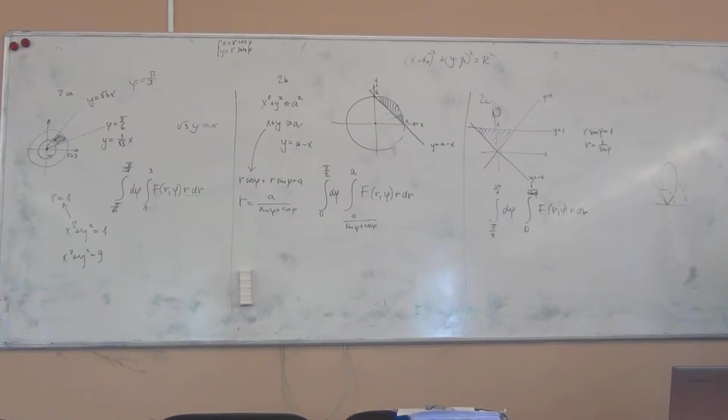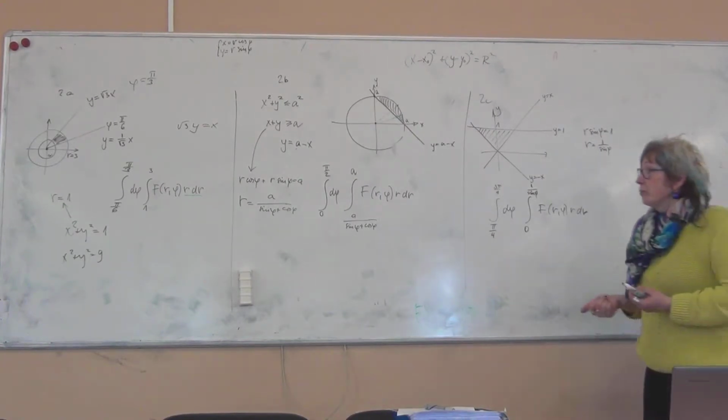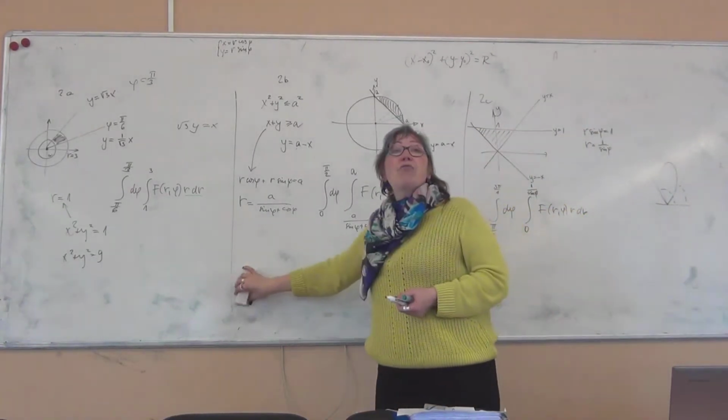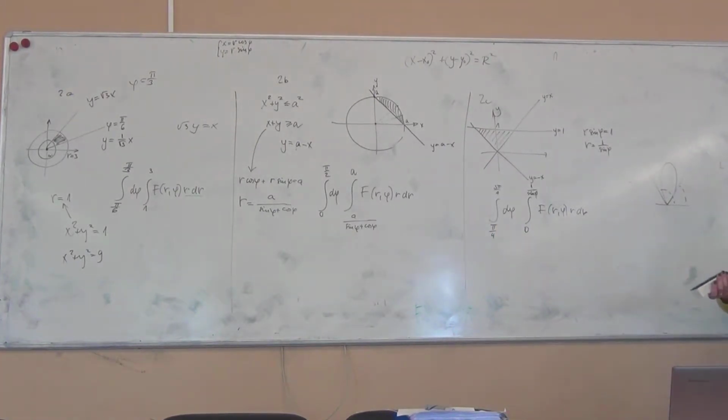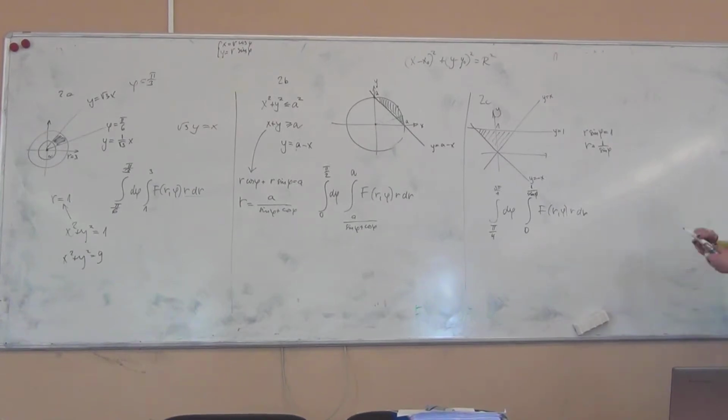So you will get still something fairly simple. As you remember, we had something like 2 sine phi minus 4 cosine phi or something like that. We did it last time and previously.